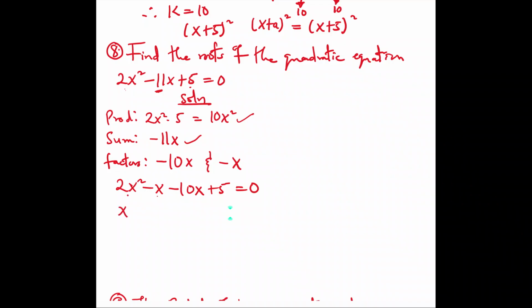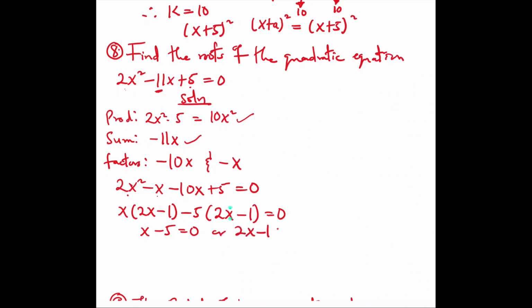Okay, so x is common between 2x squared and minus x. So 2x squared divided by x is 2x, minus x divided by x is minus 1. Minus 5 can divide minus 10x and plus 5. So we have minus 5. Minus 10x divided by minus 5 gives us 2x. Plus 5 divided by minus 5 gives us minus 1, equals 0.